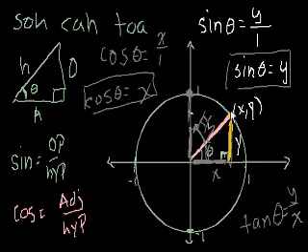And remember, these y's and x's that we're using are the point on the unit circle where the line defined by this angle intersects the circumference. The sine of theta is equal to y, the cosine of theta is equal to x, and the tangent of theta is equal to y over x.